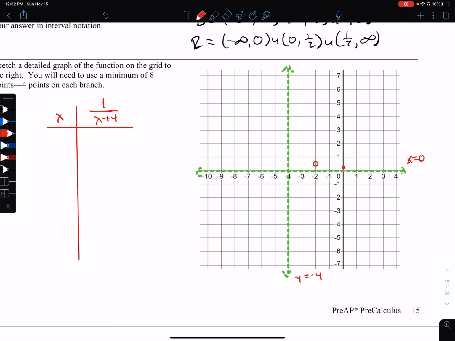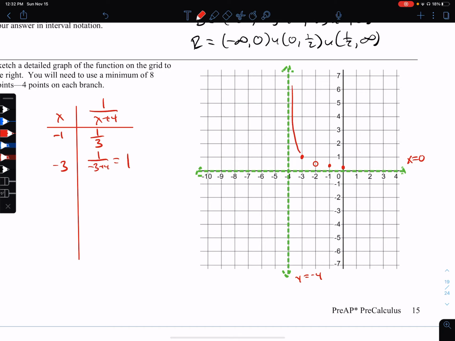If I were to put in a -1, for example, this would give me 1/3 for the y value. So at -1, 1/3, that's bigger than a 1/4, not quite as big as a half. Say I put a -3 in, so that would be 1 over -3 plus 4, that's going to be 1. So at -3, it's going to be 1. If you need more points, put more points on.